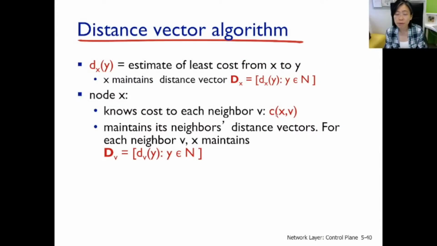So that was the Bellman-Ford equation, which captures nicely how one discovers the shortest path, the minimum cost to go from the source to the destination. But you see also in the previous example, the calculation of Bellman-Ford is actually based on this information: c_ij, the link cost from the source to each of the neighbors, and the shortest distance from each of the neighbors to the final destination. That is also saying the distance vector algorithm as a whole contains the Bellman-Ford algorithm.